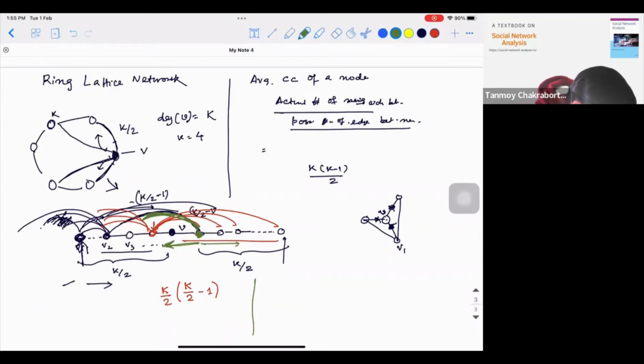So now tell me, for this particular node, which is the immediate right neighbor of V, how many edges will be considered? Tell me.